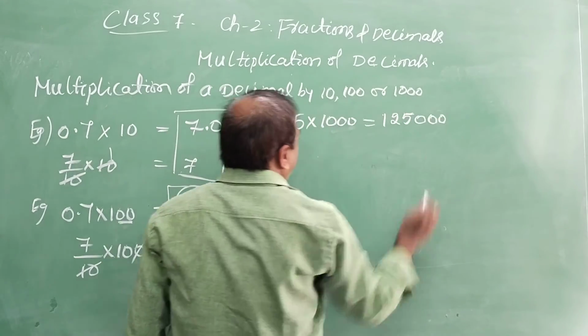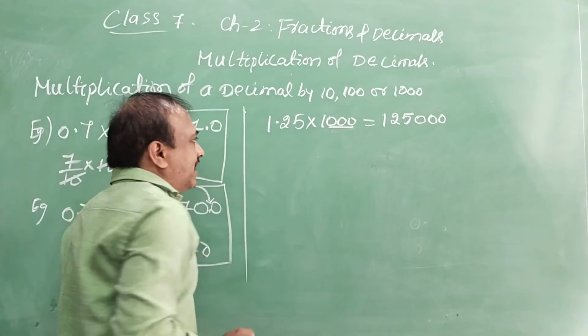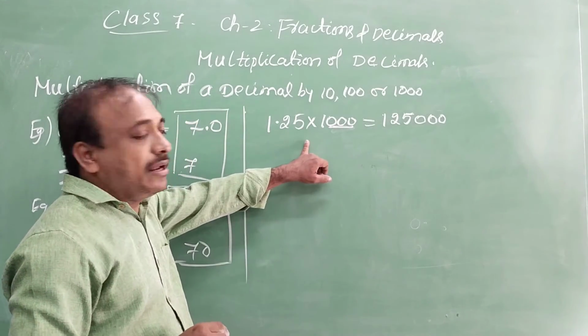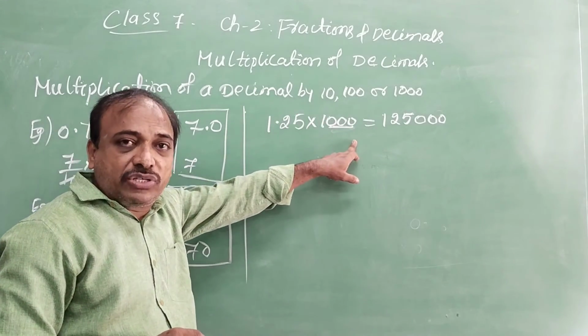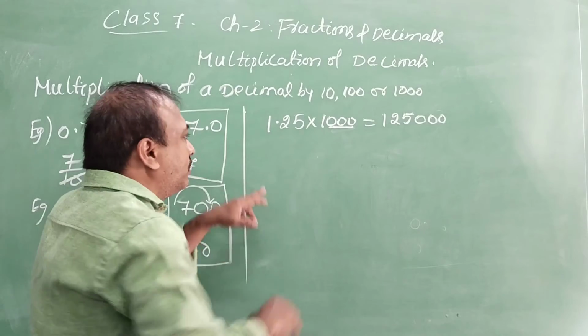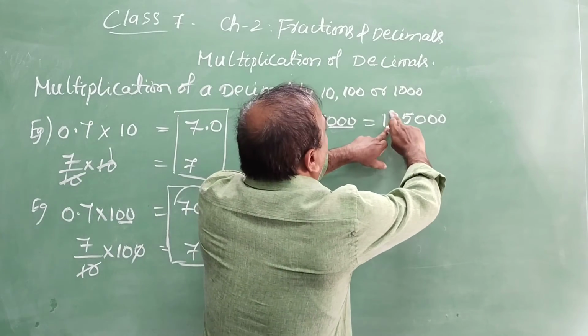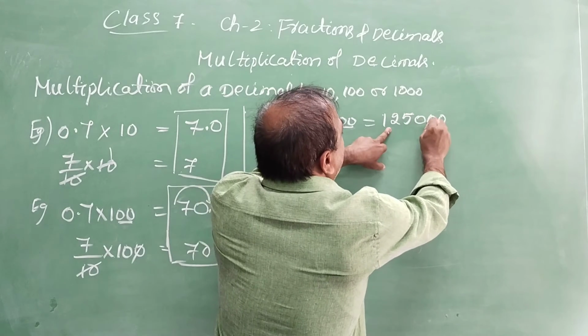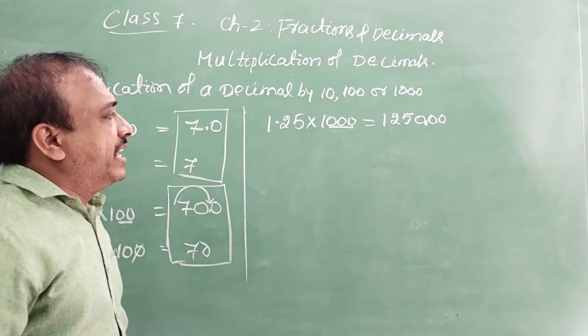Here 3 zeros are there. Are you following? That many decimal places you have to move. Actually the point is here, so 1, 2, 3. So now the answer is 1250.00.